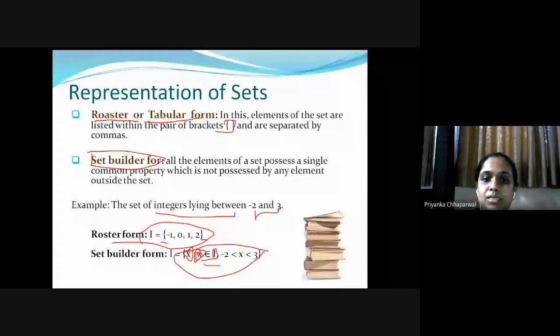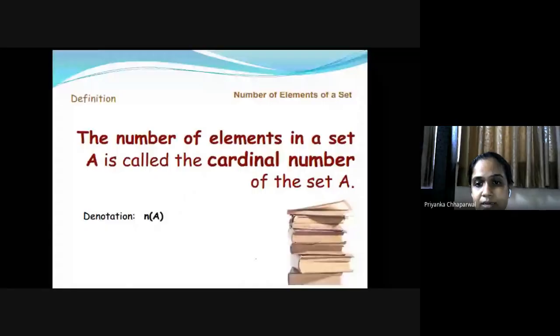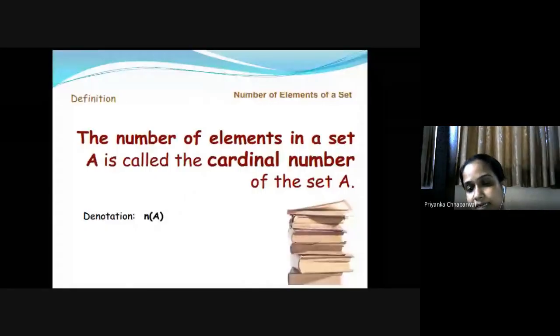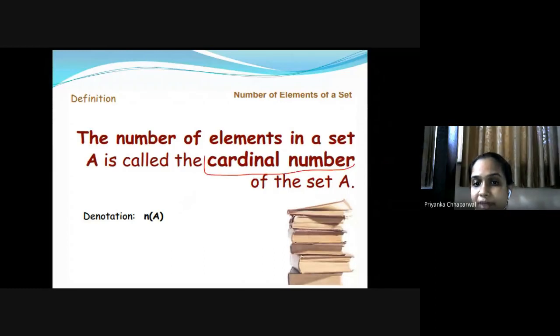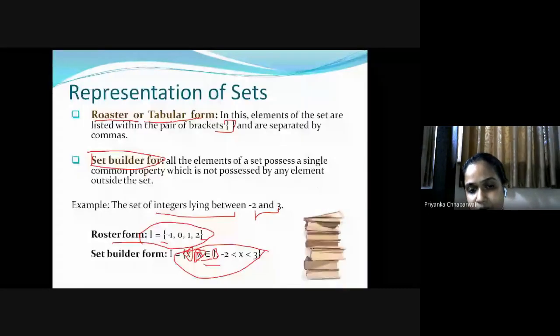Okay. Then let us understand what is the cardinal number of a set. The number of elements in a set A is called the cardinal number of the set. In the previous example, what is the cardinal number of this set?